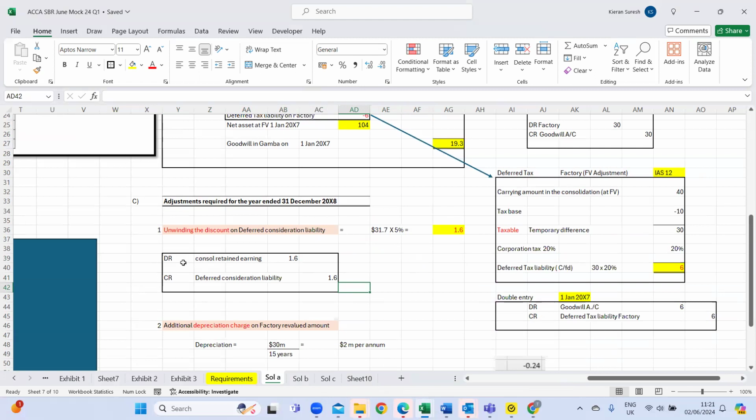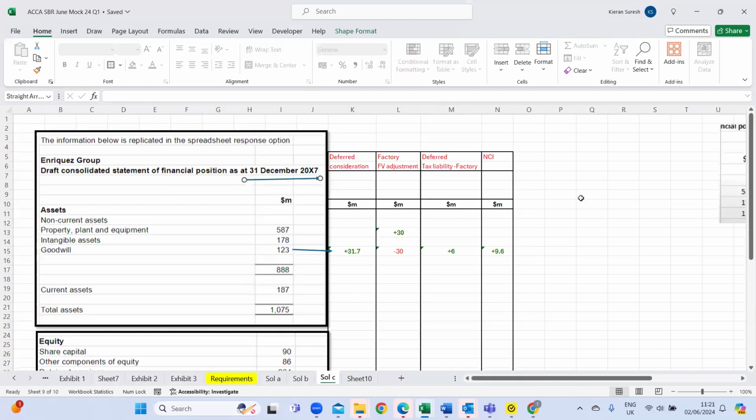So I can see here, the deferred consideration liability, I need to go and increase. It's already there, on this line, and I need to increase it. It is better to have another line rather than having everything on the same line.